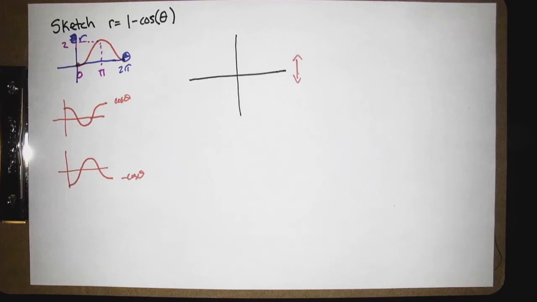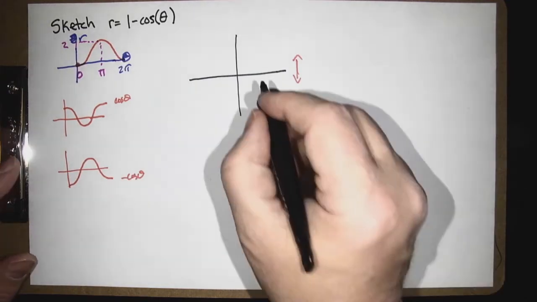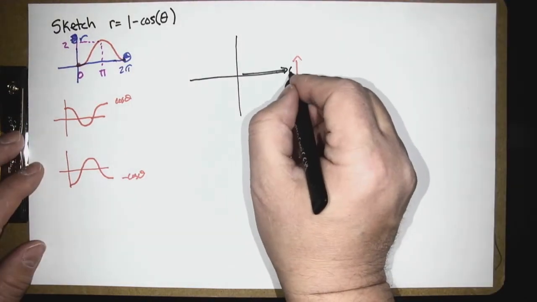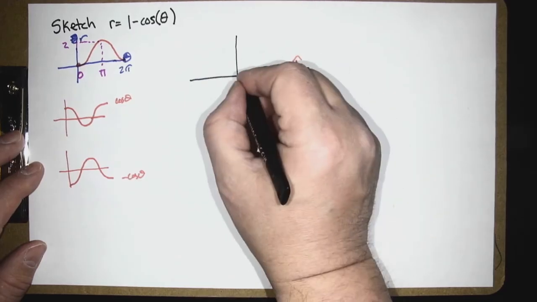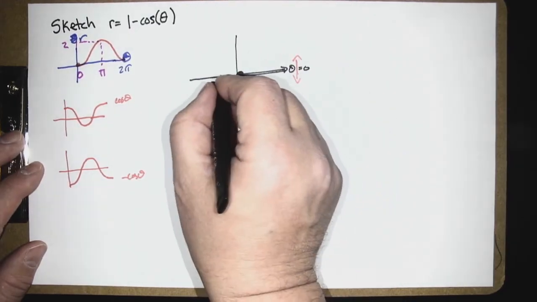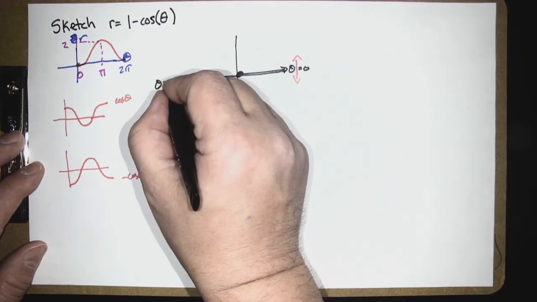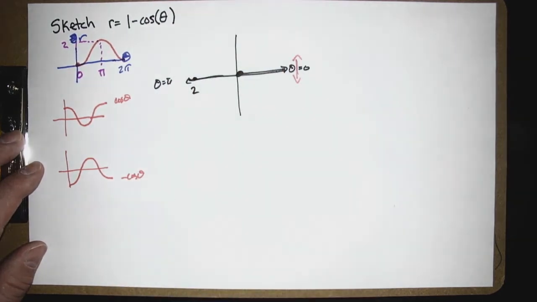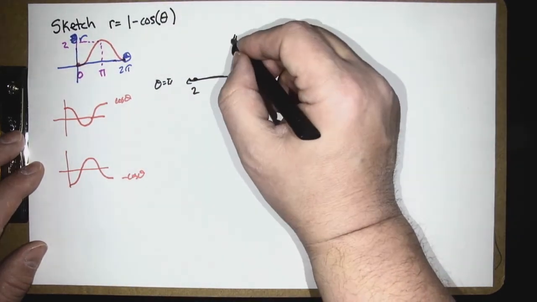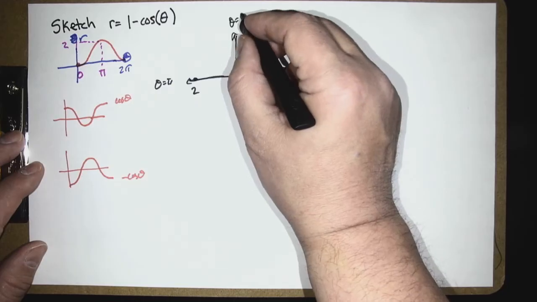All right, so here's some interesting points. The only truly interesting ones are at theta equals 0, we're at the origin. At theta equals pi, we're at 2. Just for fun, where are we at pi halves, which is our straight up?